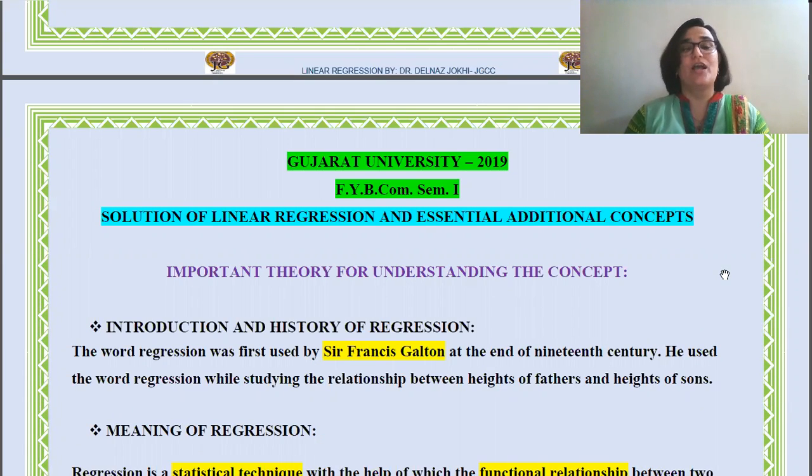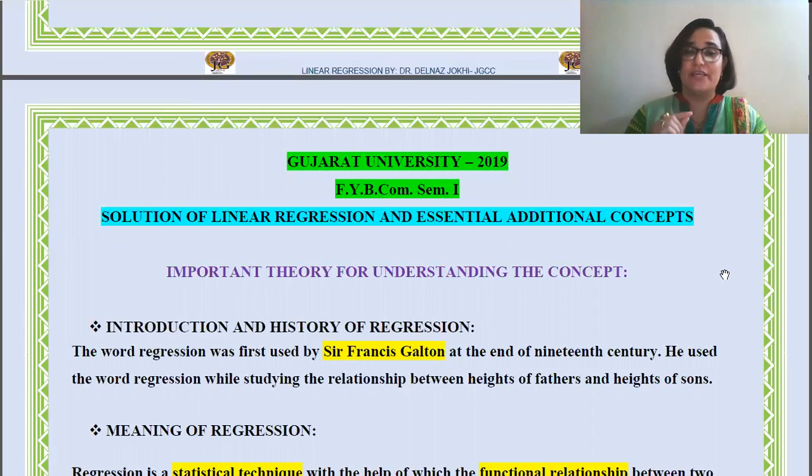Well, before you start directly with the Gujarat University 2019 paper, I'm trying to revise over here all possible important theory through the 2019 paper, which will be useful to you in your exam and other exams also, right?